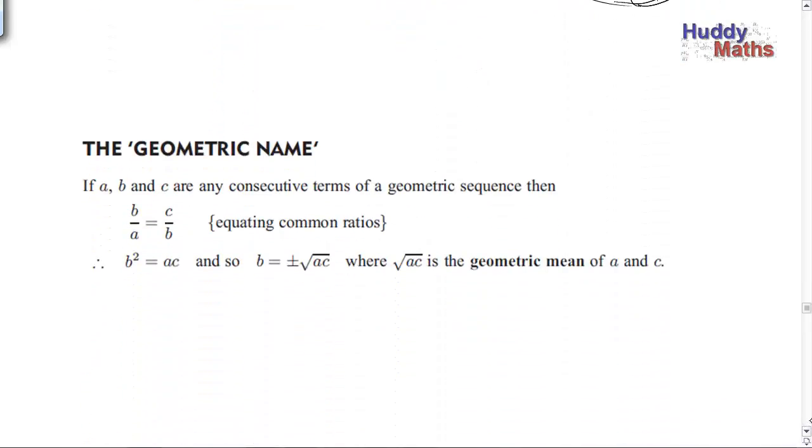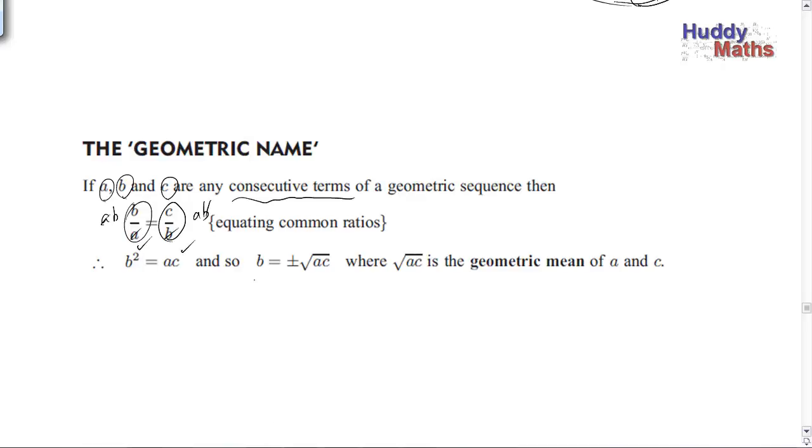Okay, where does the geometric name come from? So if A, B and C are terms next to each other, or consecutive terms of a geometric sequence, then B over A has to equal C over B. So if we multiply here by AB, that will cancel, you get B squared. Multiply this side by AB, that will cancel, you get AC.